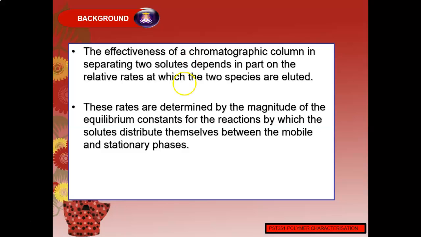These rates are determined by the magnitude of the equilibrium constant for the reaction by which the solutes distribute themselves between the mobile and the stationary phase.